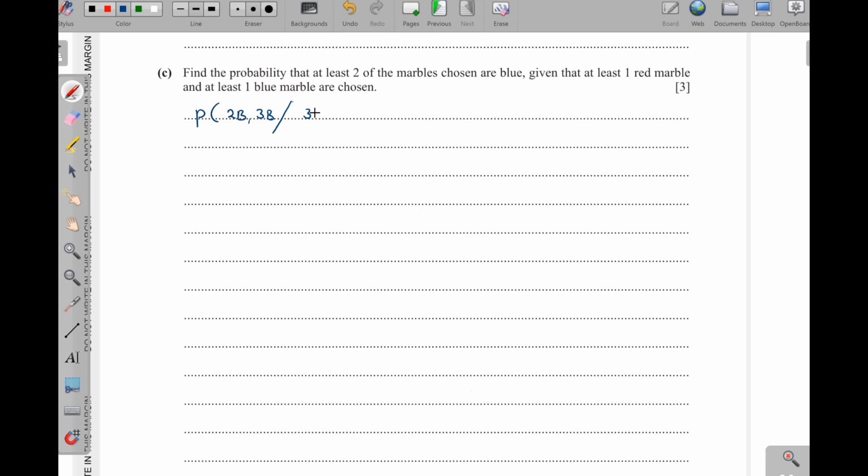So we can have 3 blues and 1 red. Then we can have 2 blues, then 2 reds. And we can also have 1 blue and 3 reds. You see that? This one is going to give us 2 blues.